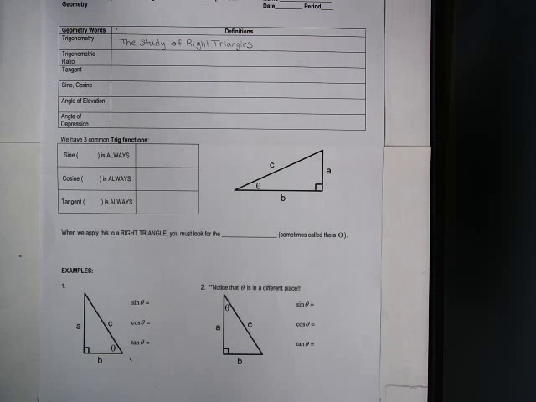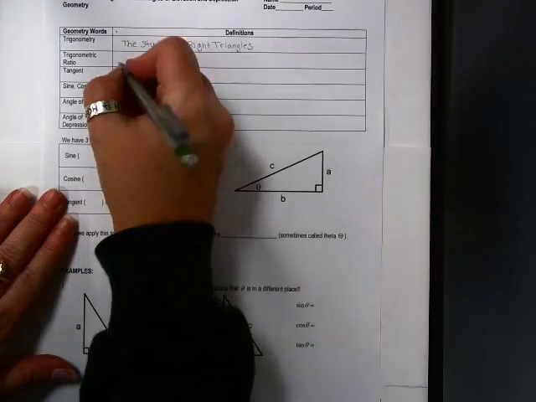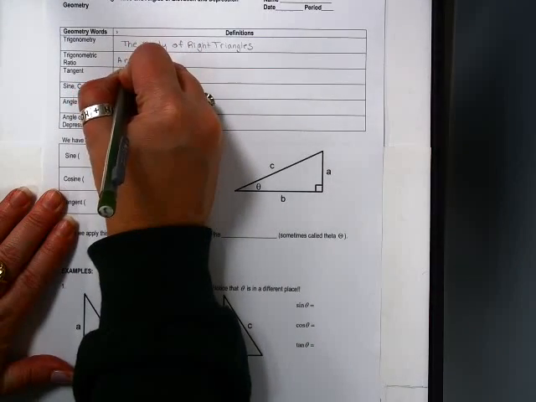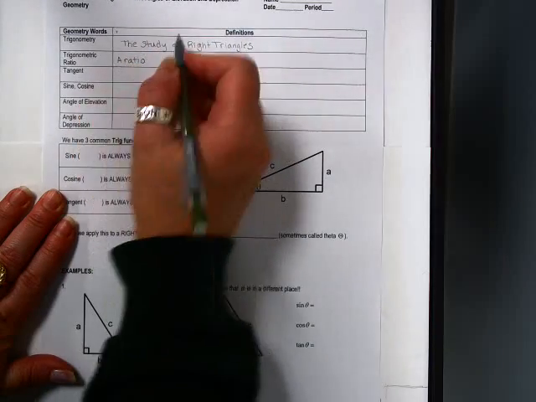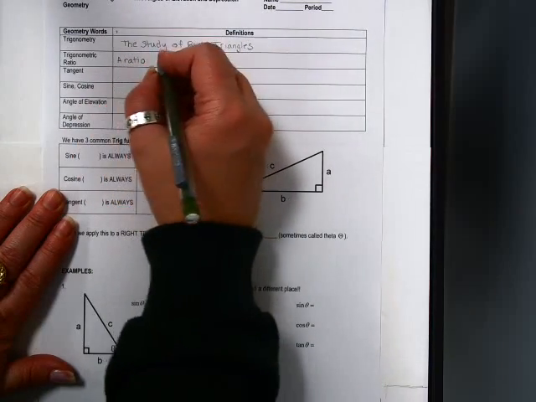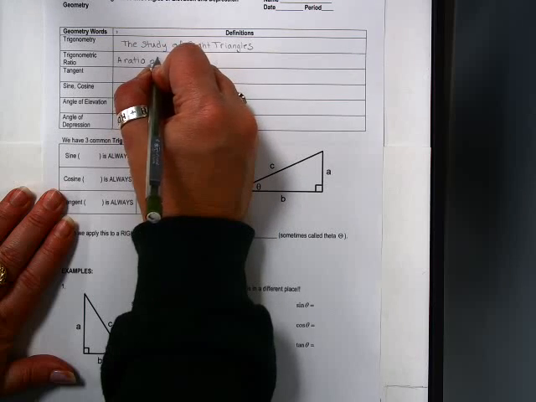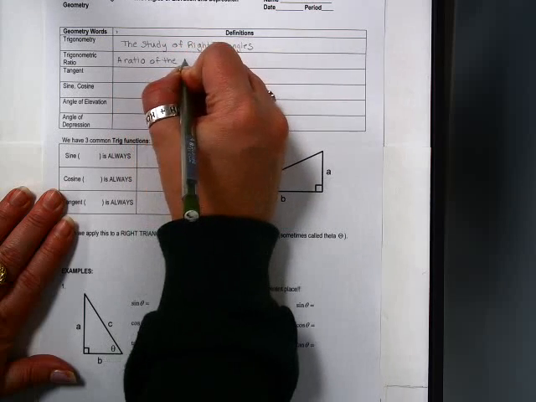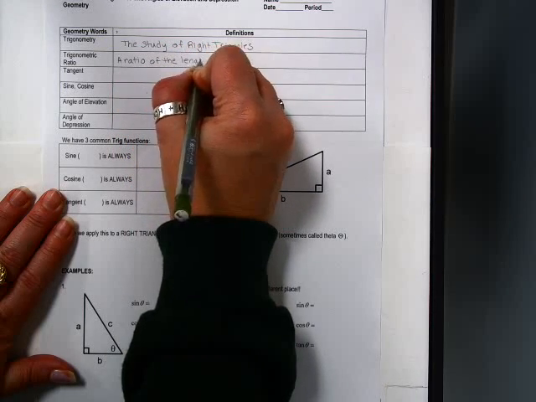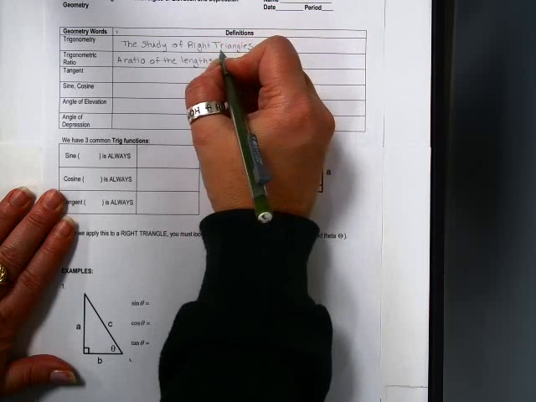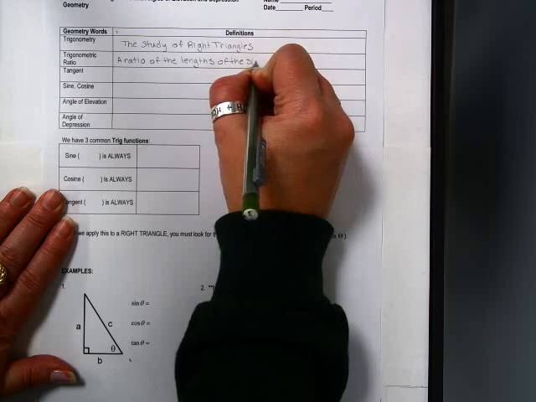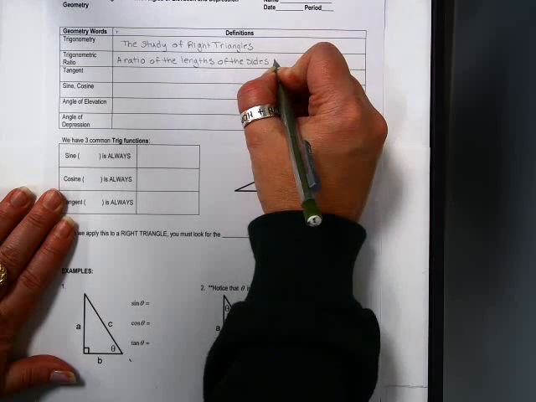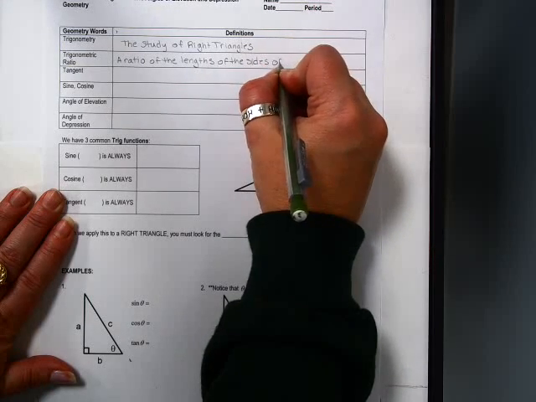And a trigonometric ratio is a ratio, which is a comparison of two numbers. So what are we comparing? It's a ratio of the lengths of the sides of a right triangle.